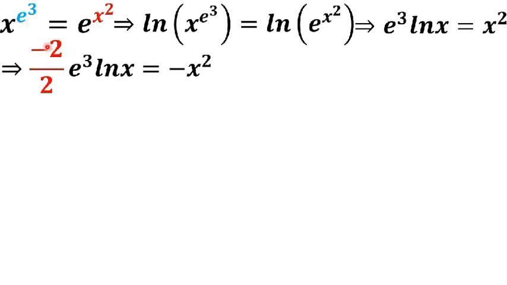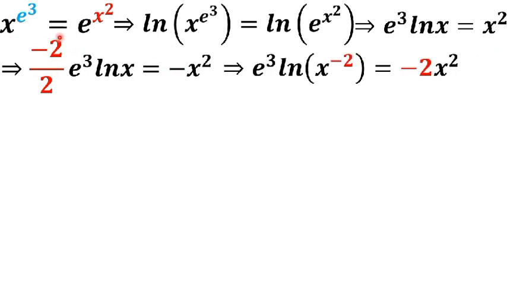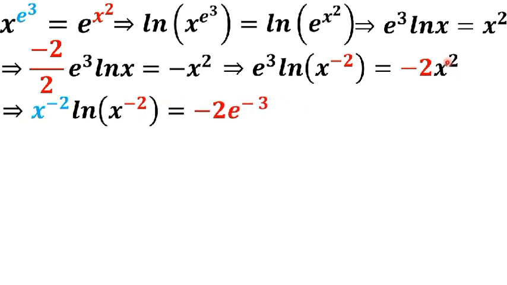But what am I going to do? I'll simply carry this negative 2 from here to the front. Then first I multiply all through by 2. So this is what I'm going to have. At this point, if I multiply all through by x to the power negative 2, I am going to have x to the power negative 2 on the left hand side: natural log of x to the power negative 2 equal to negative 2 e raised to the power minus 3, when I multiply again by e raised to the power negative 3.